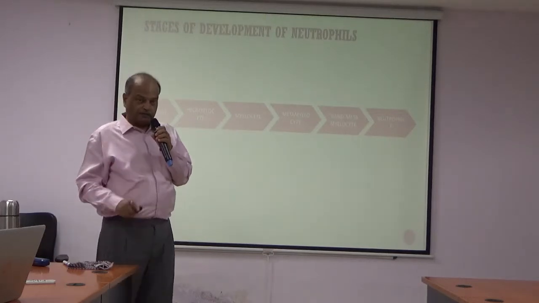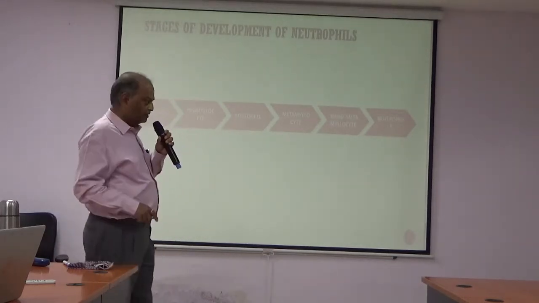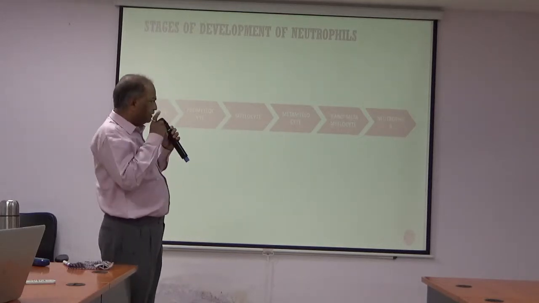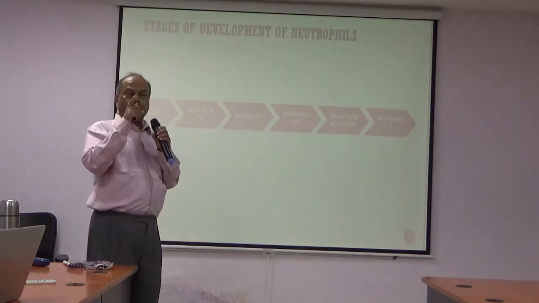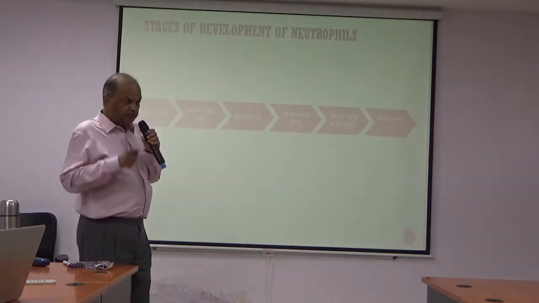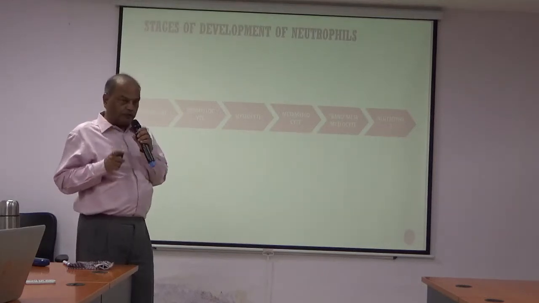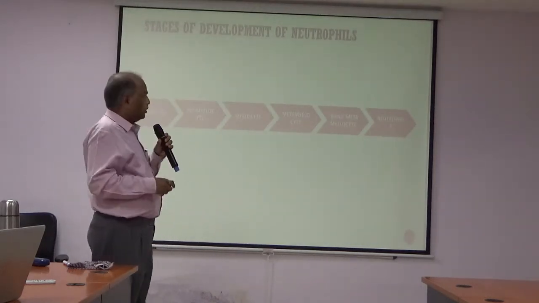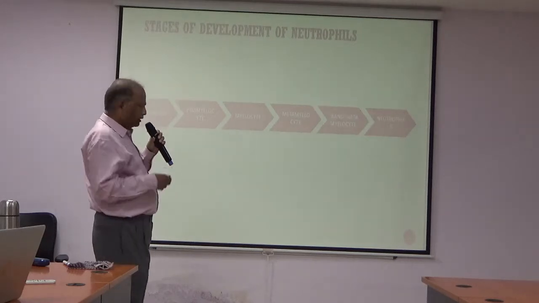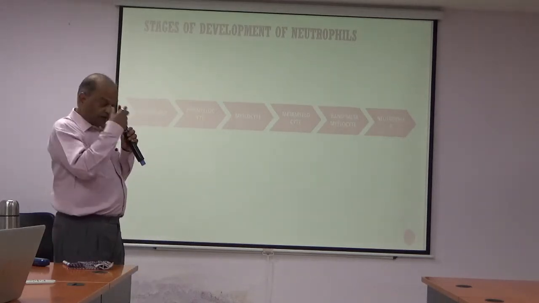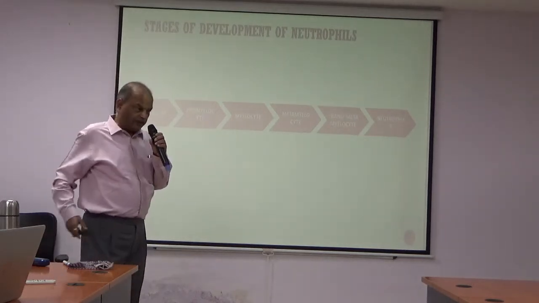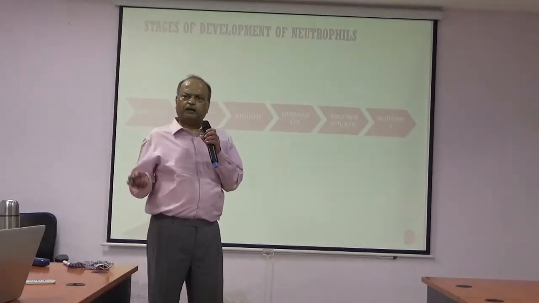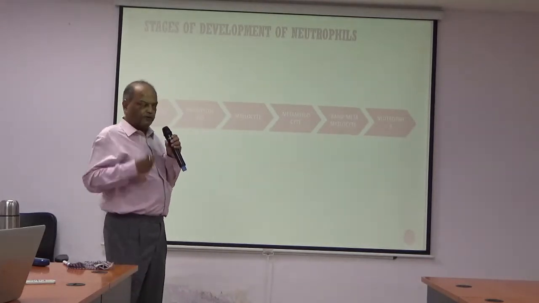But do remember, these granules are composed of many things which will ultimately help the neutrophil in performing its function. If these granules are not present in the neutrophil, it will not be able to perform its function. So what does this neutrophil contain? These granules are fine, purple in color under the microscope, which all of you have seen.